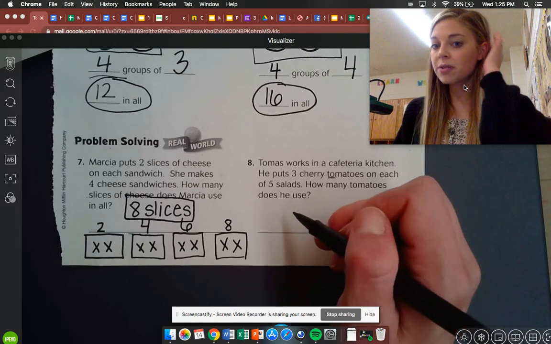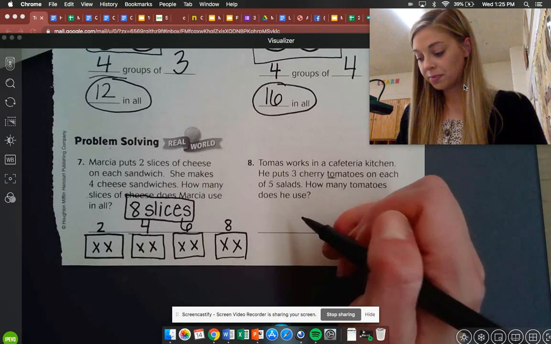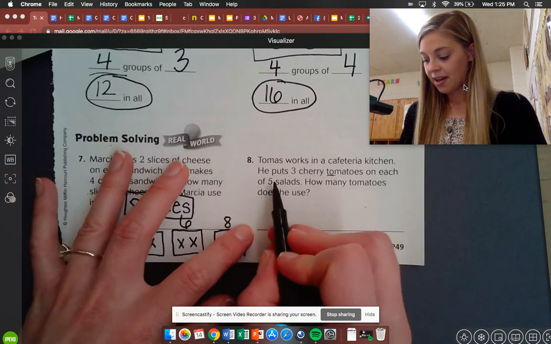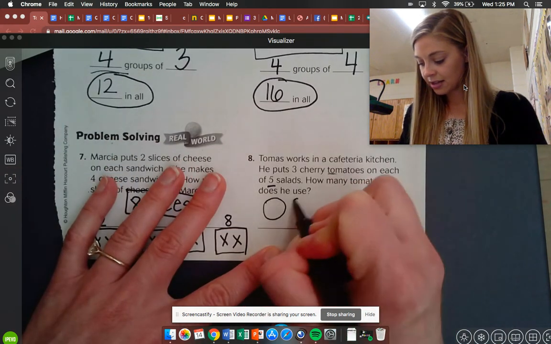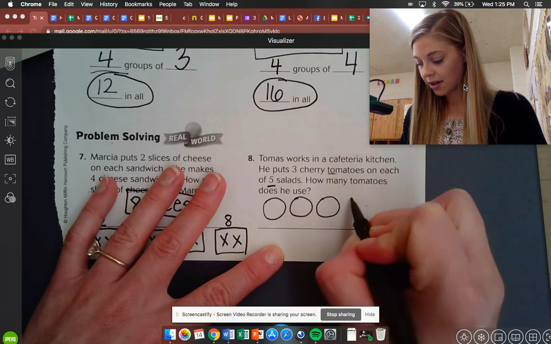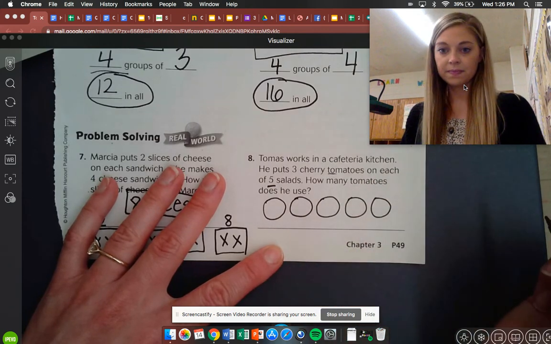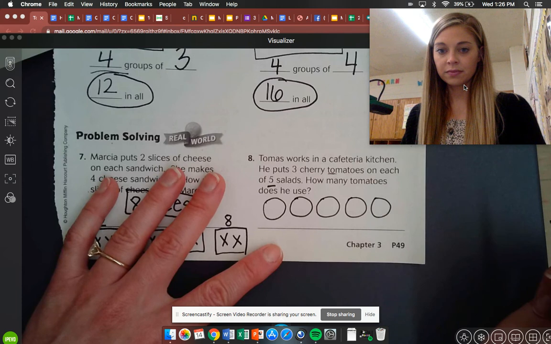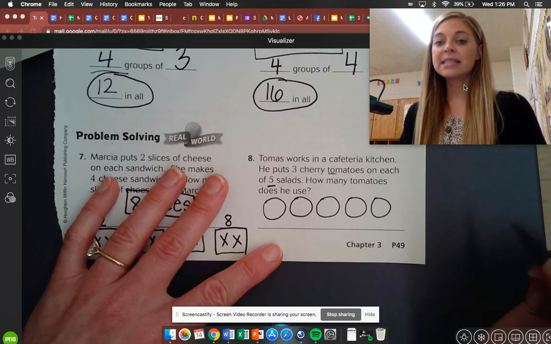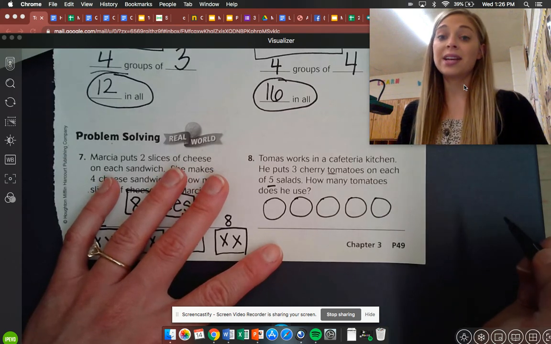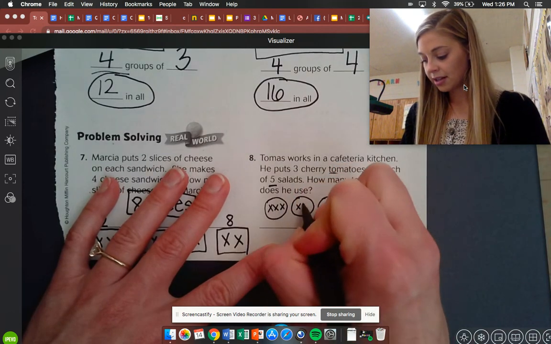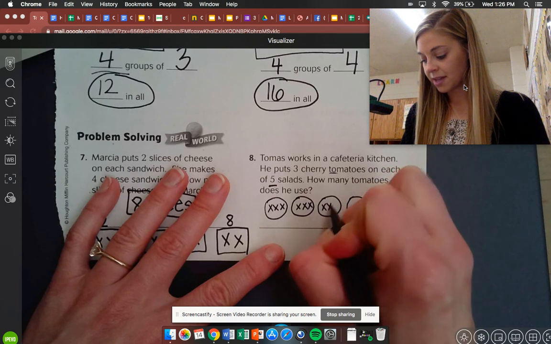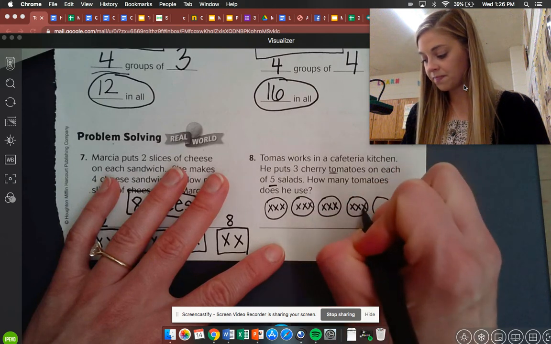So that's why we know the salad is our groups here. So I'm going to draw 5 salads. 1, 2, 3, 4, 5. And he's putting 3 tomatoes on each salad. So I'm going to do 3 X's on each salad to represent those 3 tomatoes.